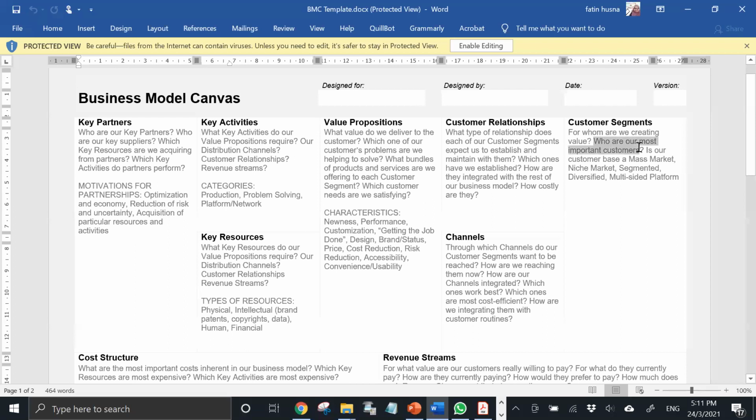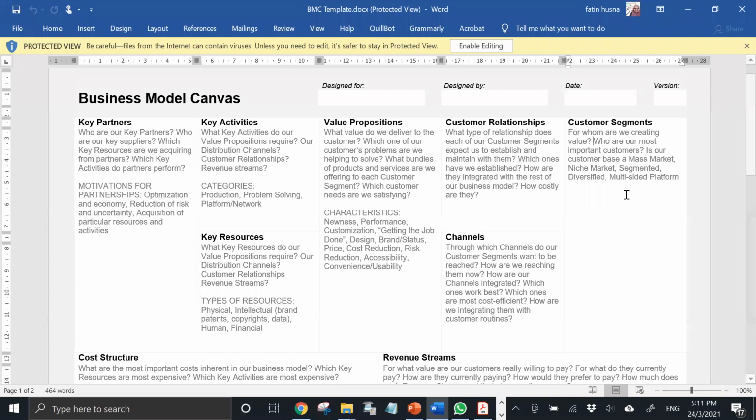This is main target market. Is our customer base on a mass market, niche market, segmented, or diversified multi-sided platform? This one is not much. Basically, it's just a simple one. This one no need to care. So basically, who are we creating value to, and also who are our most important customer.